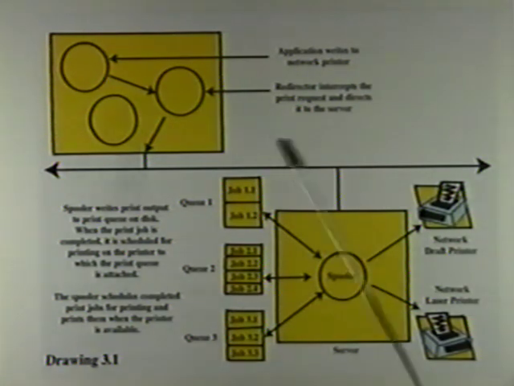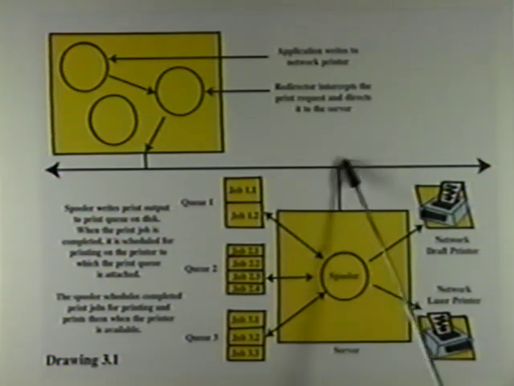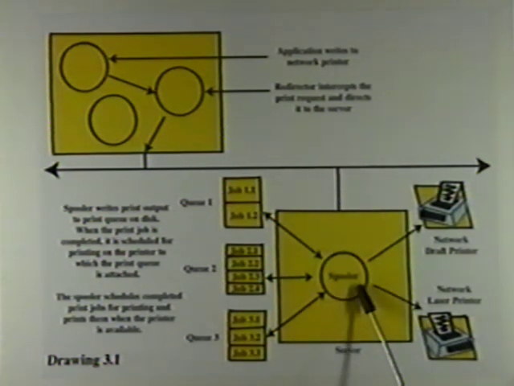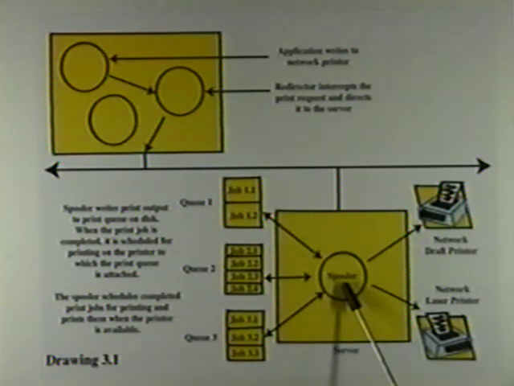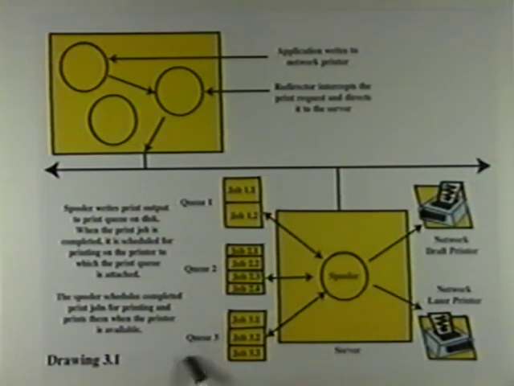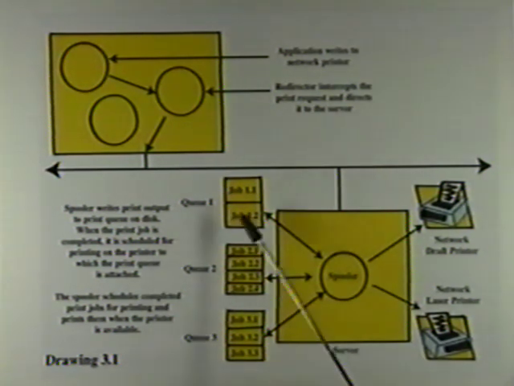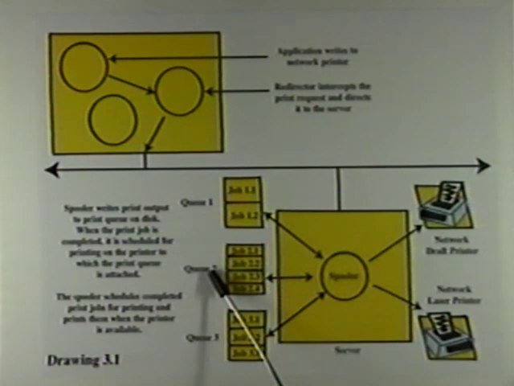What actually happens is that the print job that gets transmitted over the network is gathered up by the spooler. The spooler takes that print job, writes it to its memory, and then schedules that print job into what can be several queues. But a job will only get scheduled into one of the queues.